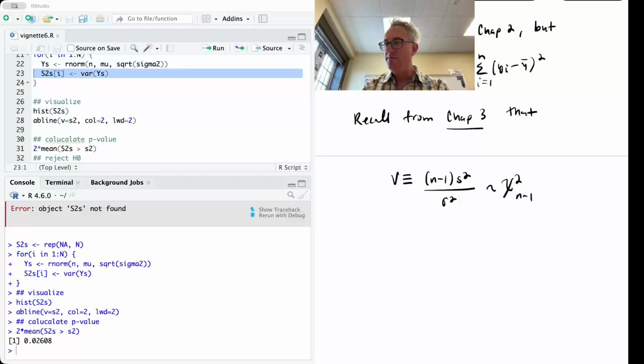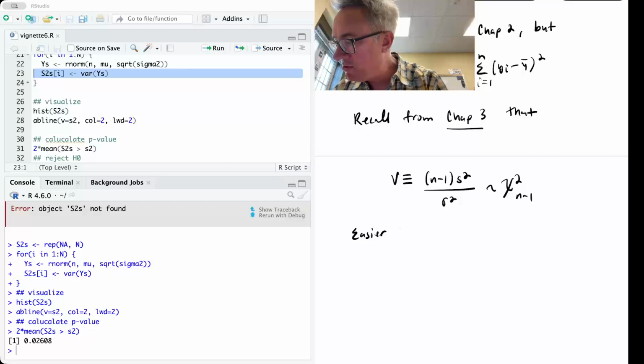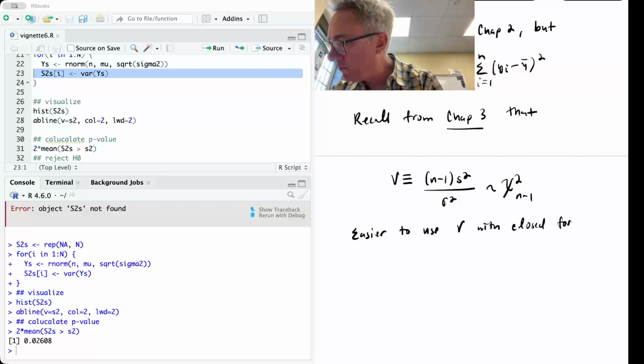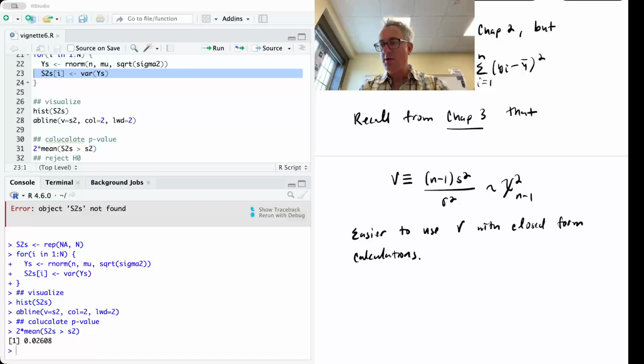So that's from chapter 3. So it's going to be easier to use V instead of s squared with closed form calculations. Okay, so I can straight away go over to R and start working with that.